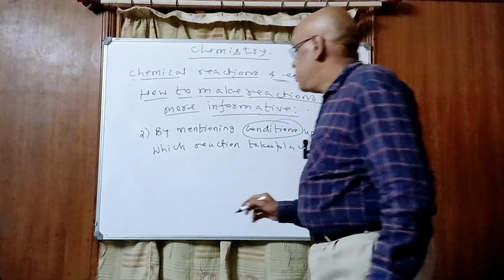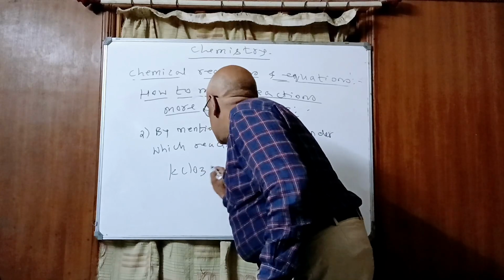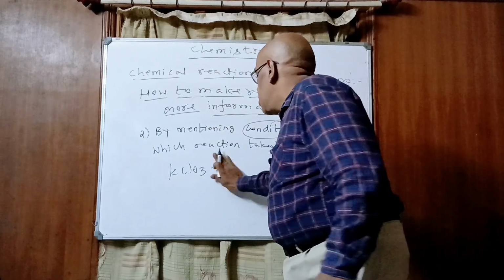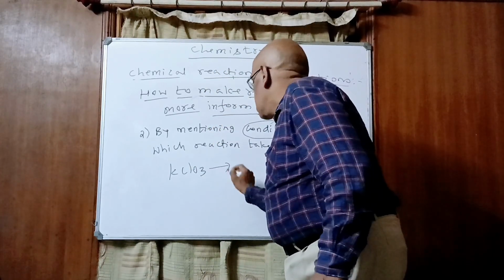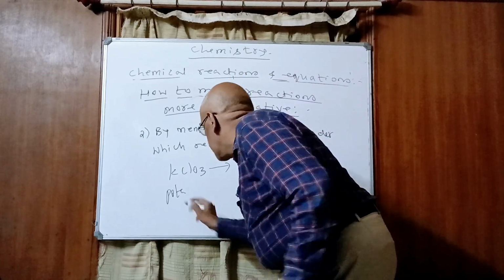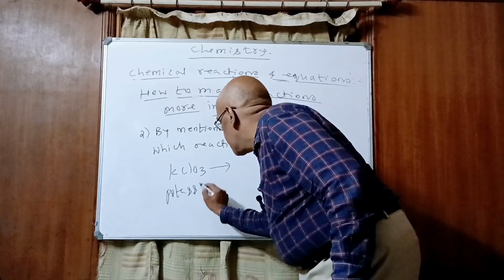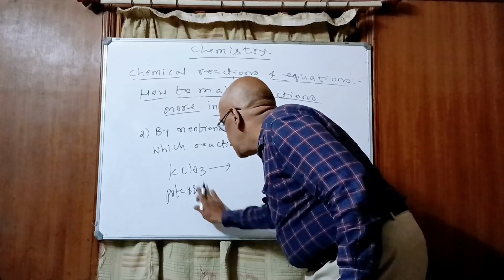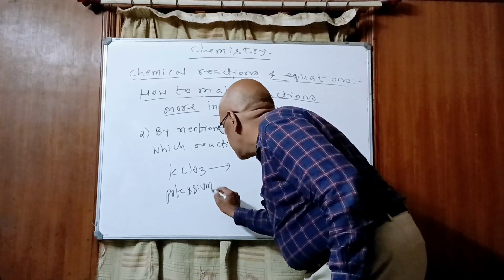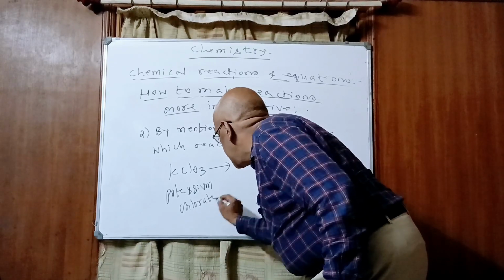Take another example, KClO3. What is this? Potassium chlorate. What happens, children?